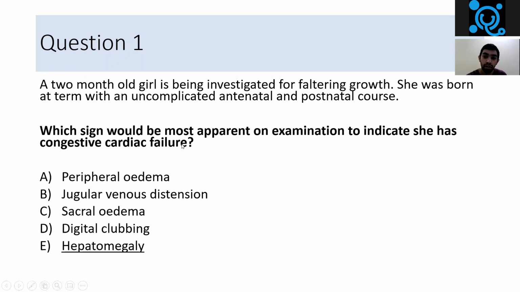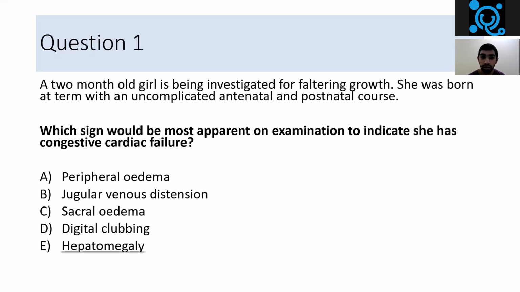So in terms of what could indicate she's in congestive heart failure, just like with adults, options A, B, C, and D all could happen in congestive heart failure. But bear in mind, this is a 2-month-old girl. Babies on the whole can become edematous, so they could have peripheral or sacral edema. However, they tend to be horizontal, yeah? So you would not often see fluid pooling to the legs or the sacrum.